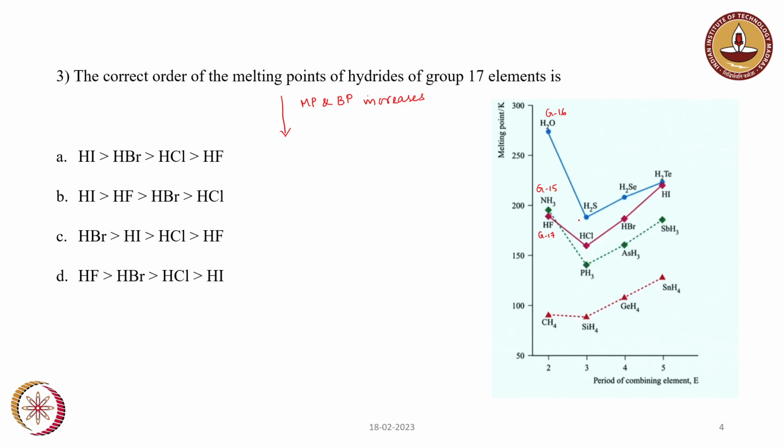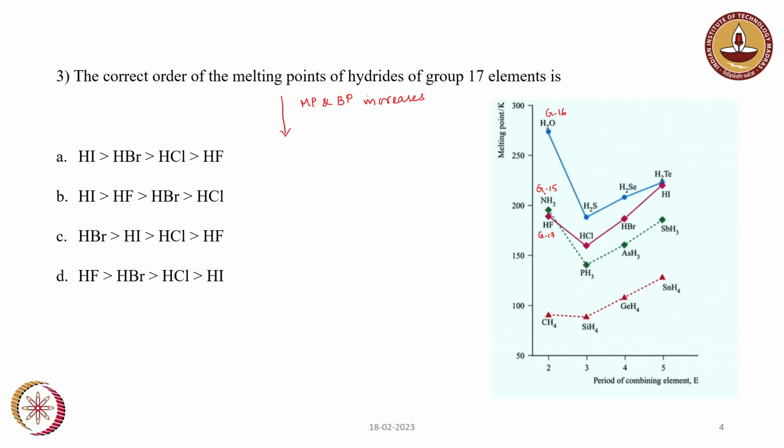This difference in trend is because of the presence of hydrogen bonding in water, ammonia, and HF. So they show very strong hydrogen bonding, so the melting point and the boiling point increase compared to the hydrides of elements in the same group.